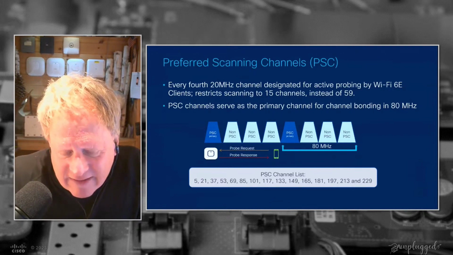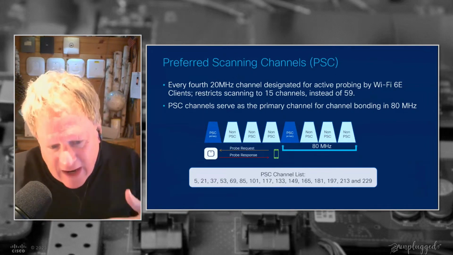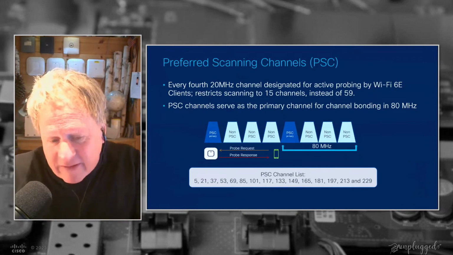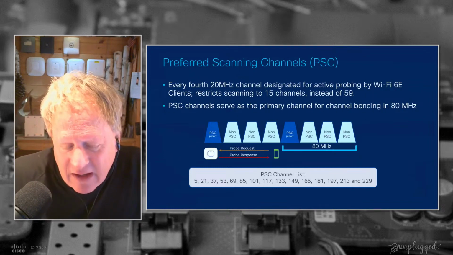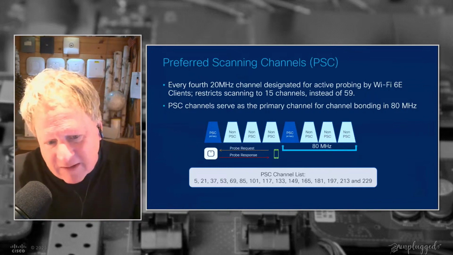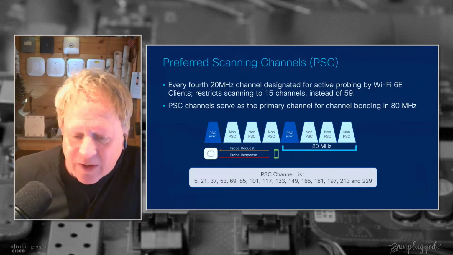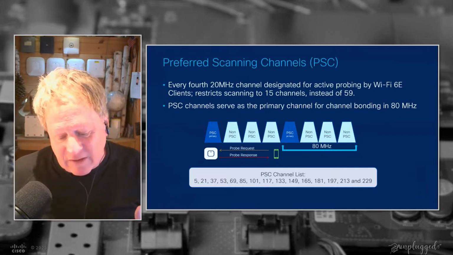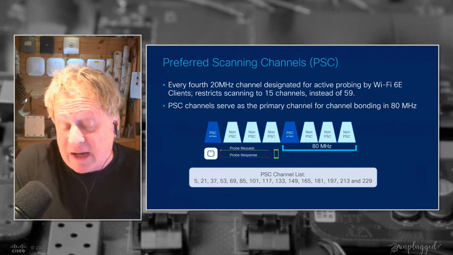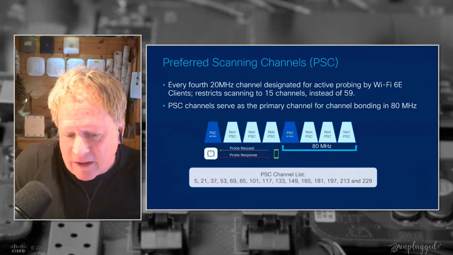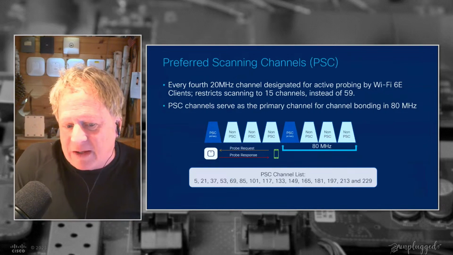A client may send a probe request to that particular channel, but that channel may not respond because it's not the PSC channel. In that case, the client would have to discover that channel through another mechanism. It might be RNR. In a 6 gigahertz only environment, it might be FILS.